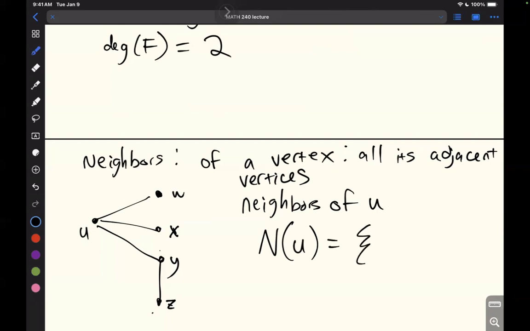This is a set of the vertices it's adjacent to, which in this case is W, X, and Y.